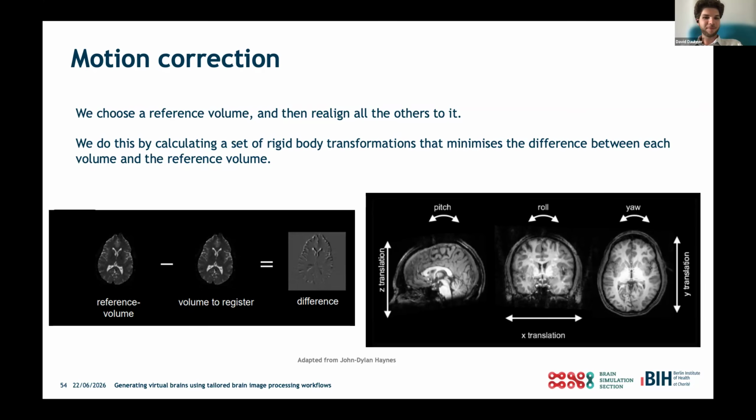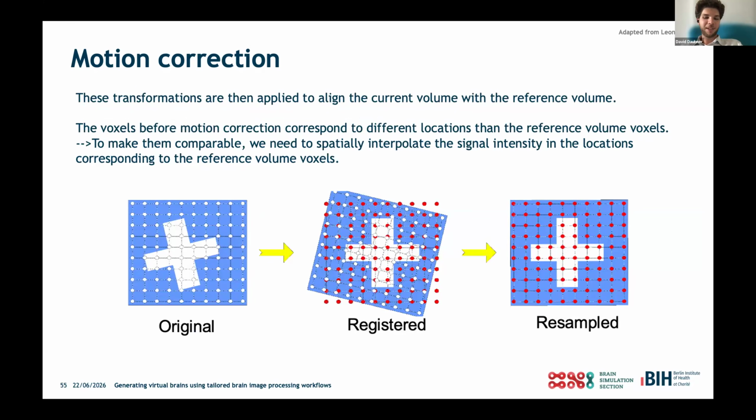Next slide, please. Once we calculated these transformations, we apply them and register all the volumes to the reference volume. The problem is that the voxels before motion correction correspond to different locations within the brain than the reference volume voxels.